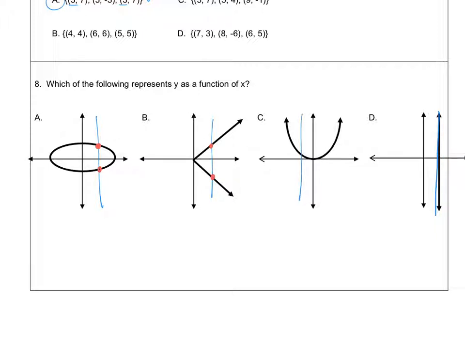That is not a function. C, this vertical line only touches once. In D, I can draw a line directly over that vertical line, so there are infinitely many points where my graph crosses that vertical line. So which one of these is a function? C, because C passes the vertical line test.